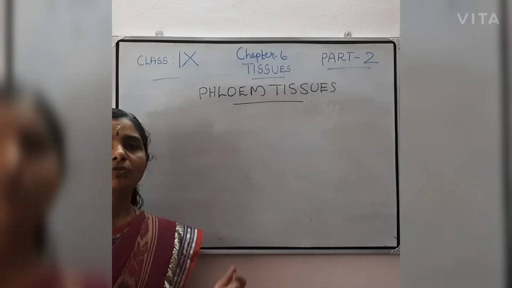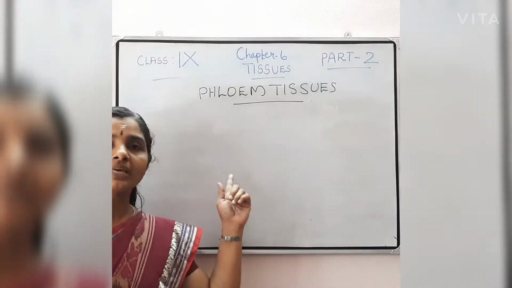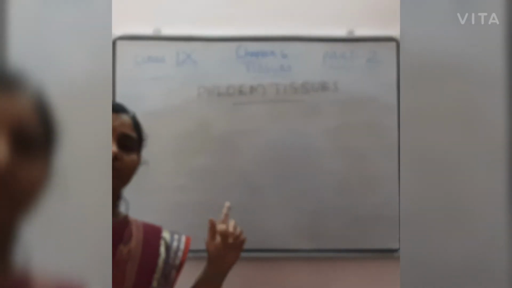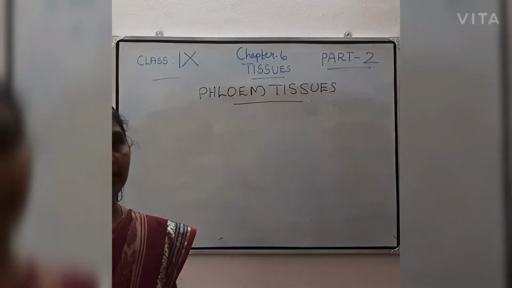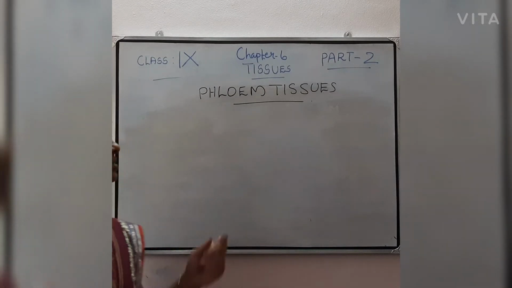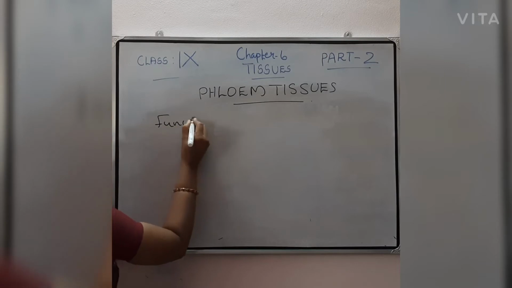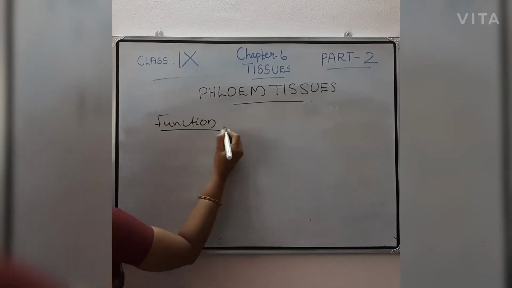Okay, next is about the phloem tissue. Phloem tissue is also a complex permanent tissue, like xylem, and it is also a part of the vascular bundle. And what is the function of this phloem tissue? The function of phloem tissue is the conduction of food material.